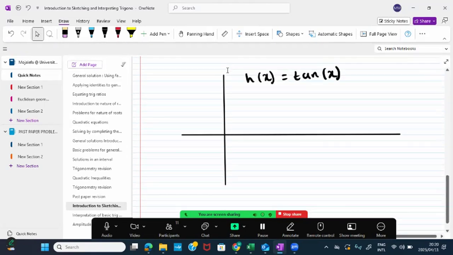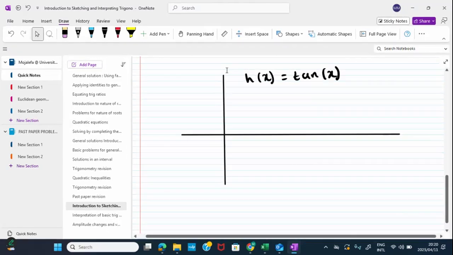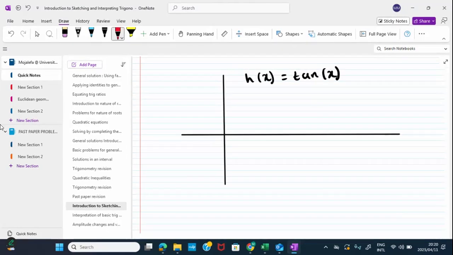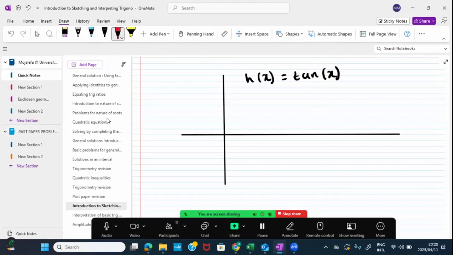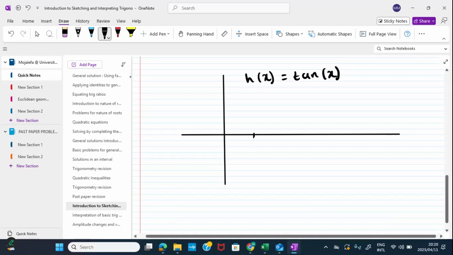Now let's go to tan x. This one we're going to use a rather different domain. We're going to use 45 instead of 90. We're going to go in multiples of 45, not multiples of 90. Because I know for this one, the nice thing is that at 90 degrees I have an asymptote.